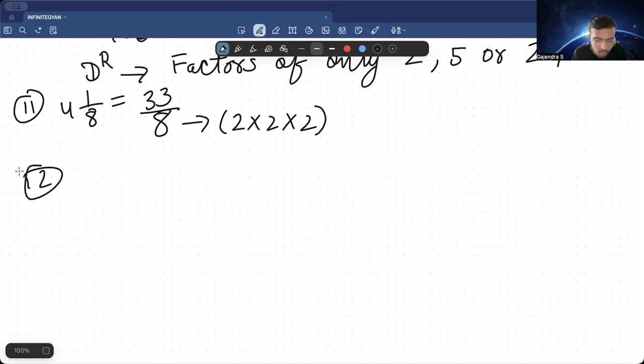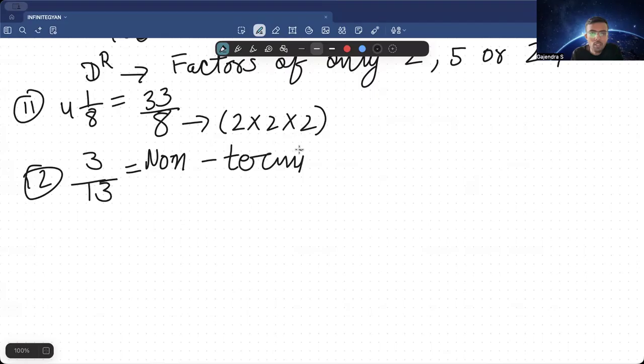Let's take another example. If it would have been 3 by 13, then it is not a terminating decimal expansion. It is non-terminating. Why non-terminating?